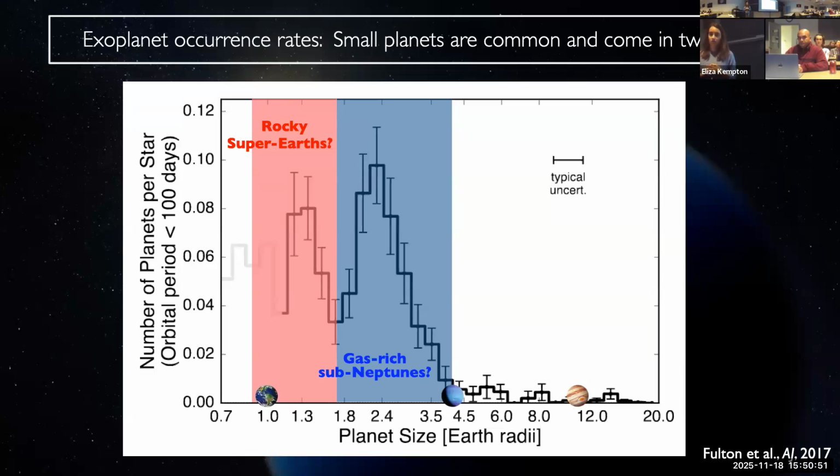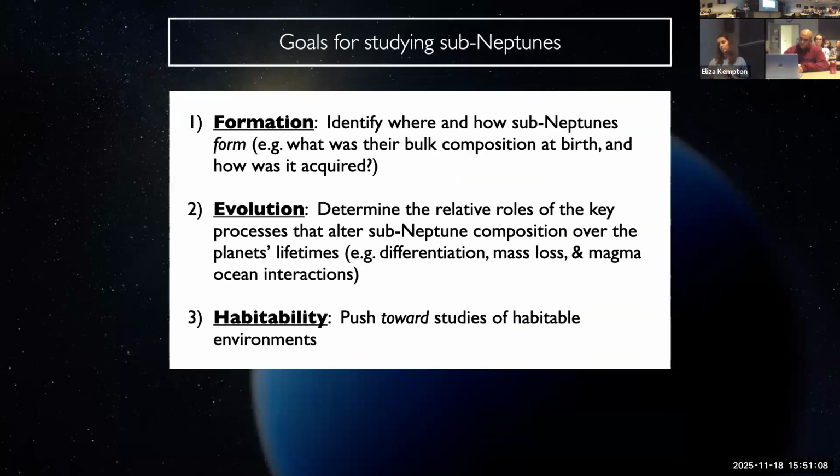They do not occur at all in our solar system, so this is a fundamentally new class of exoplanet. And some of these planets are readily observable and characterizable today with JWST.